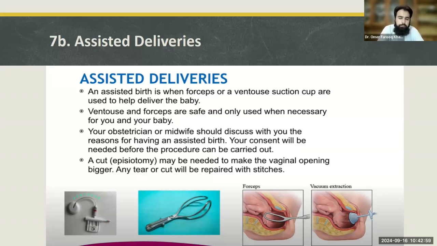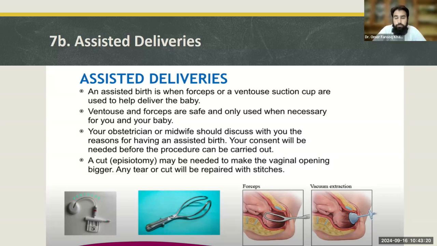I don't remember exactly the positions, but there are exact positions written in the obstetric textbooks for where the episiotomy cut should be given to increase the diameter, or the gap, of the vaginal opening, and it helps in the delivery of the baby.